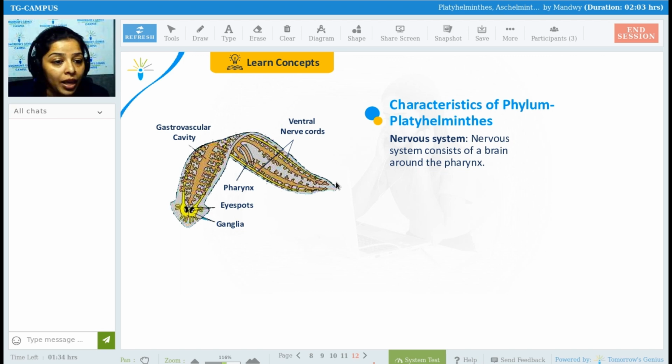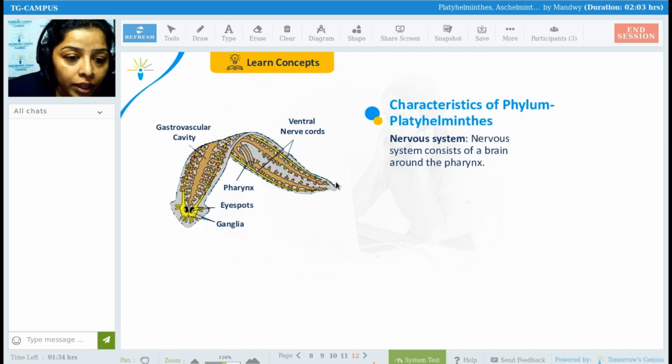Nervous system. They don't have a proper nervous system like what we have. They have a primitive form of nervous system, because from here the organs are starting to develop, right? This is the first group from where the organ level of organization starts.